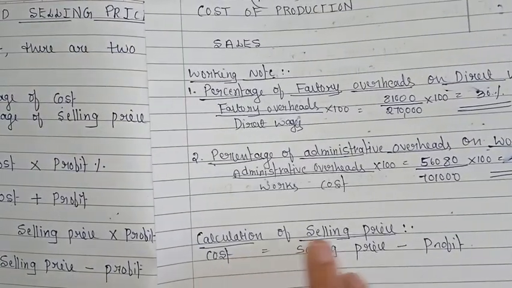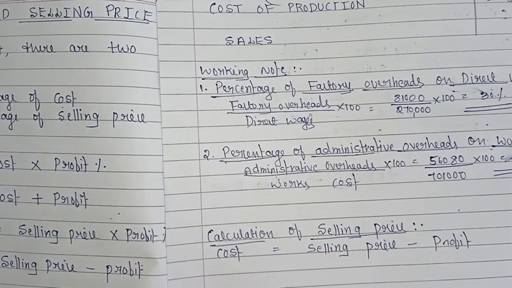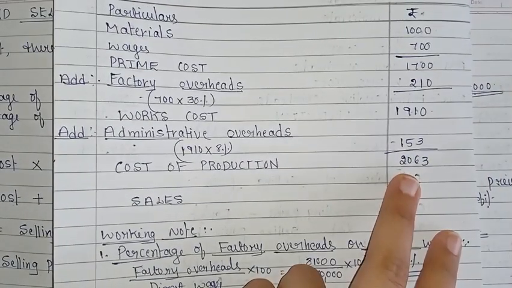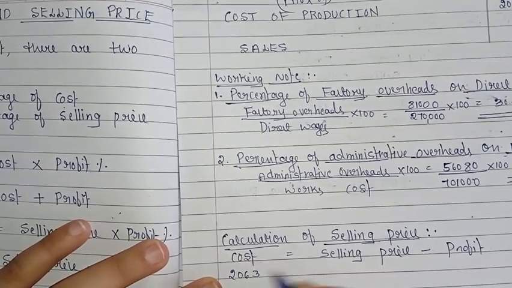What is the formula of calculation of selling price? Cost equals to selling price minus profit. What is the amount of cost? That is 2,063.